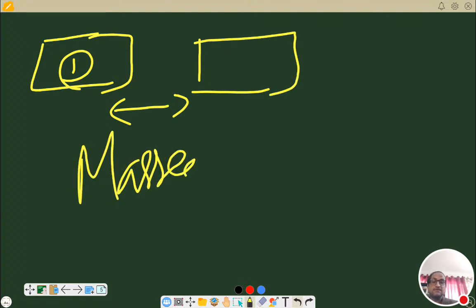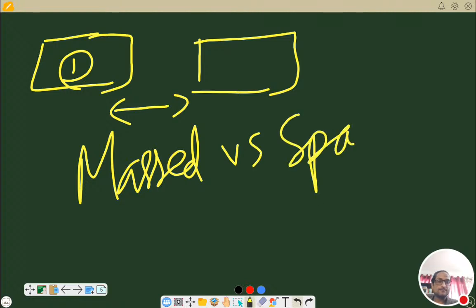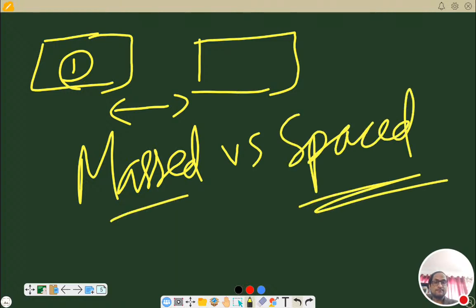What is massed practice? Studying everything in one go. What is spaced learning? Giving a gap. What happens in the gap? In the gap, you are actually rehearsing it. A large part of it you can retain by using what?